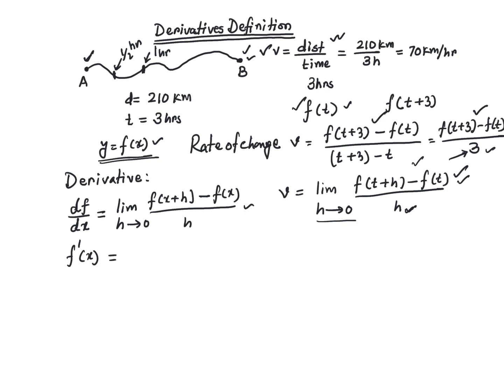Again, f prime of x is equal to the limit as h approaches 0 of f of x plus h minus f of x divided by h. So this is the definition of the derivative. I hope that this discussion was helpful. Thank you very much.